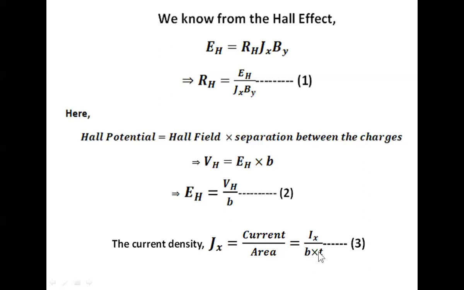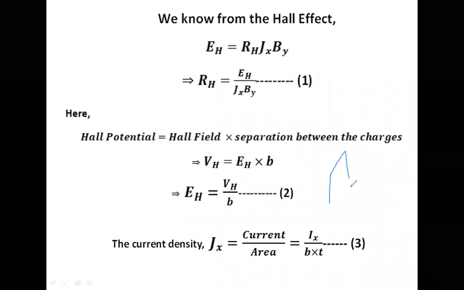For example, in our case, the area represents breadth into thickness, because if you try to remember the figure, it will be like this. If you see, for example, this is nothing but the cross section of the block through which current I is actually flowing.